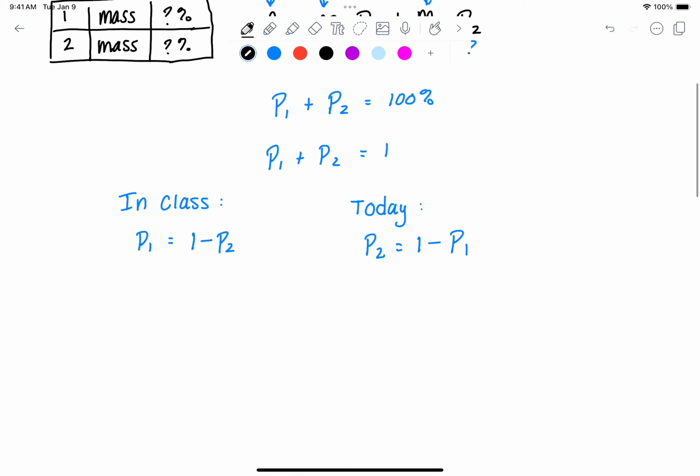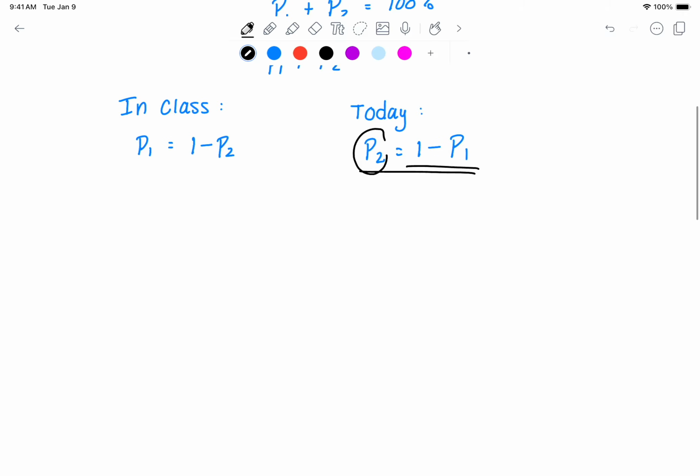So I'm going to use this equation, and I'm going to plug in P2 is equal to 1 minus P1. So we are going to get that the average mass is equal to M1 times P1 plus M2 times 1 minus P1.